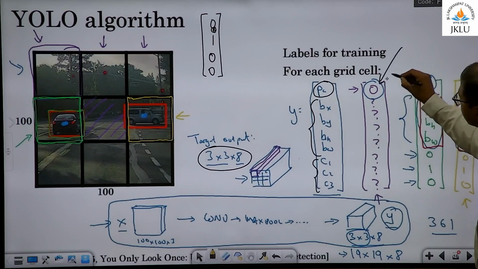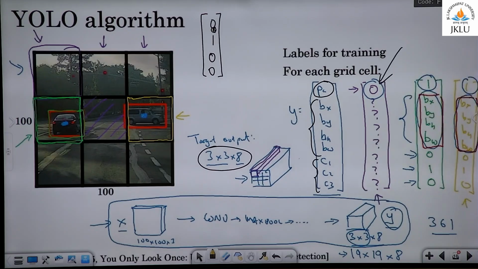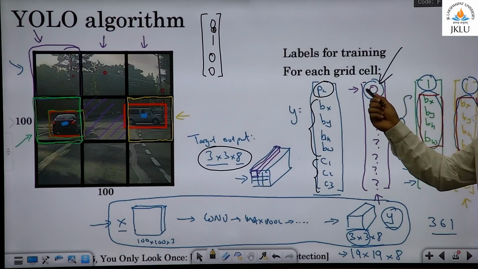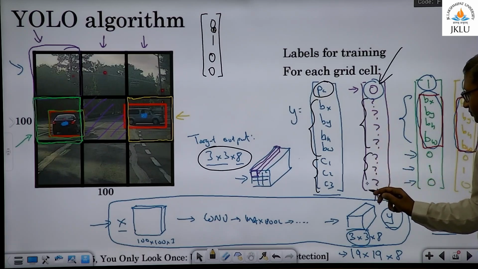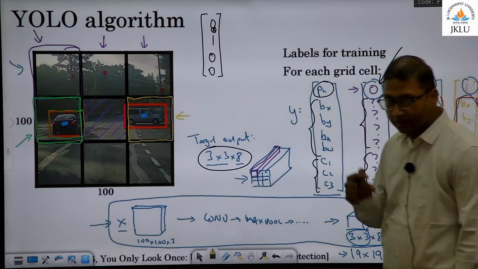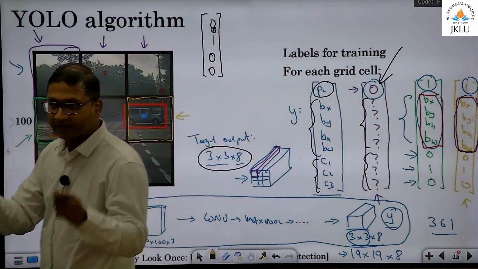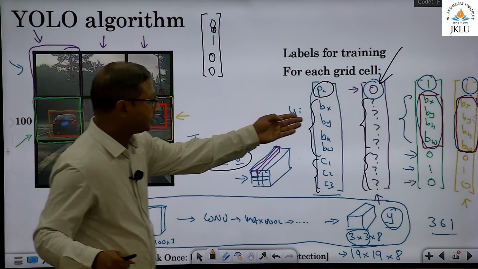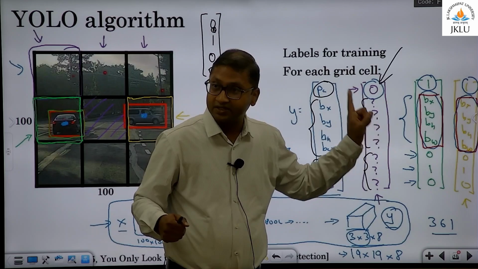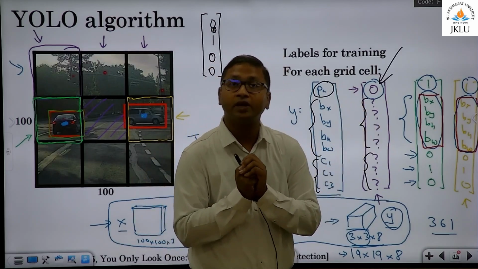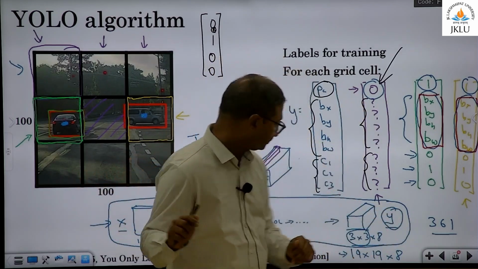What is the case when there is no object? I don't really care what these values are, okay. But as you know, in practice you can't really have don't care, so there will be some numbers there, but you won't use them for any purpose, okay.